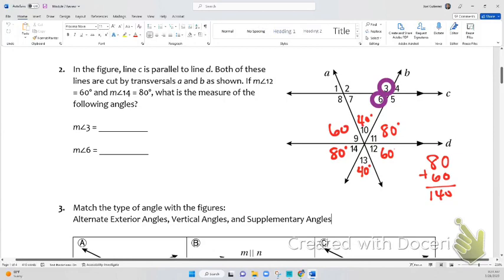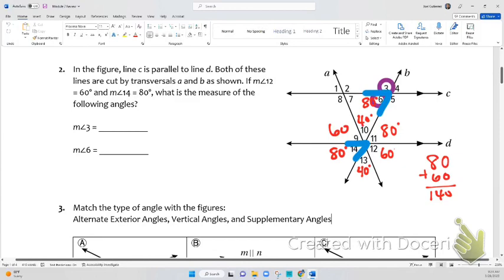Now, if you look at angle number 6 and angle number 14, and I'll highlight this in blue, this angle and this angle is what we call corresponding angles. Corresponding angles are congruent, so if angle 14 is 80 degrees, then automatically angle 6 also has to be 80 degrees.